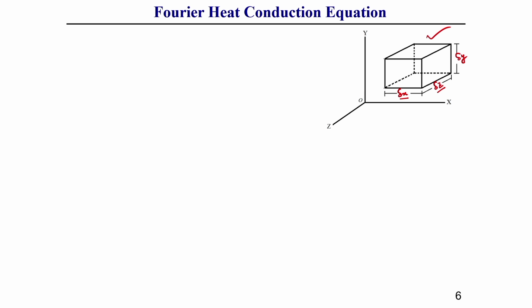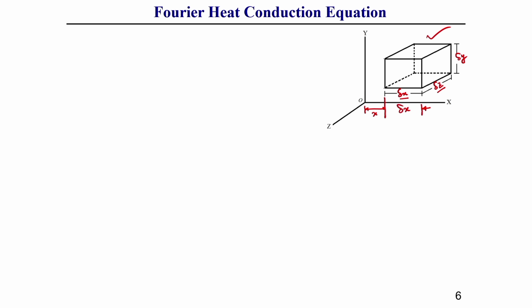In this small element, let us consider the first face has a distance along x direction, from here to here, is x, and this is dx, you can say delta x or dx.